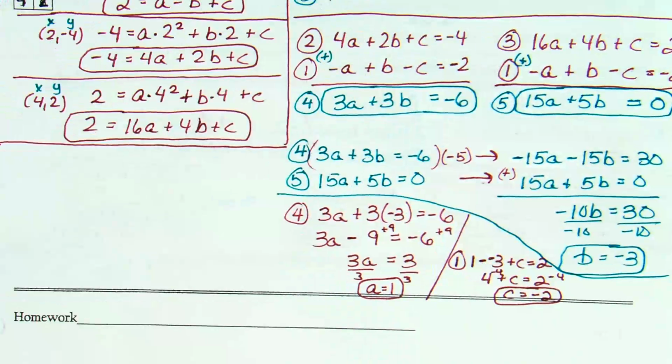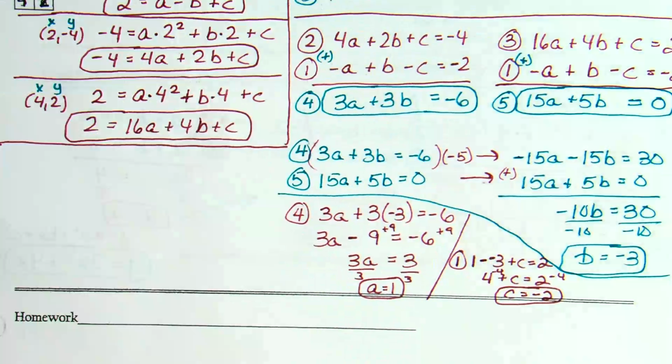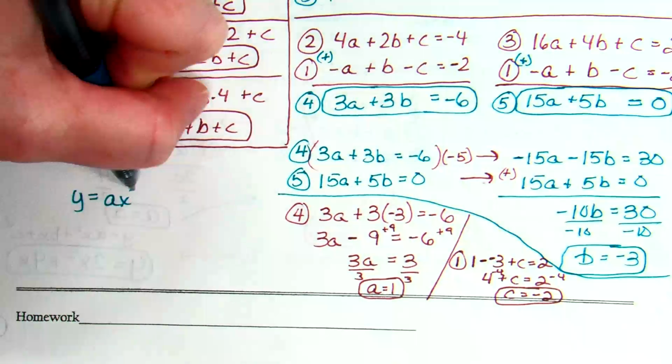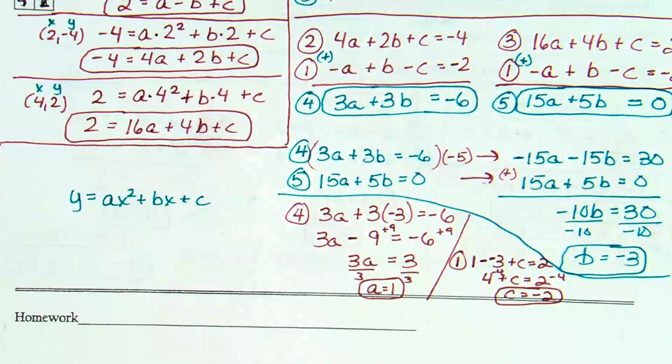Final question. How do I give my answer? So the answer is not 1, comma, negative 3, comma, negative 2, is it? Okay, so I'm going to write that out so I have my formatting.